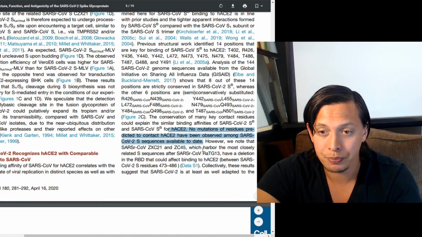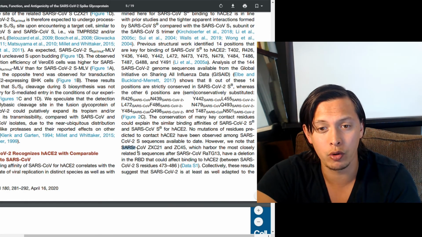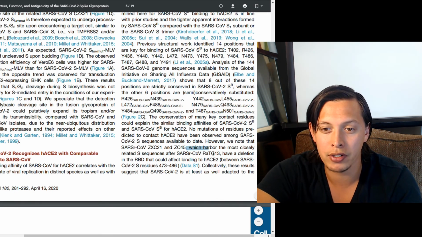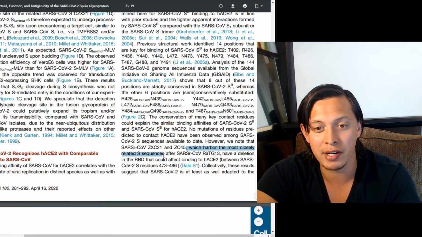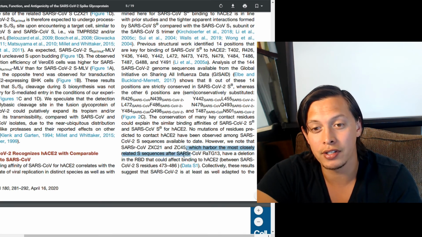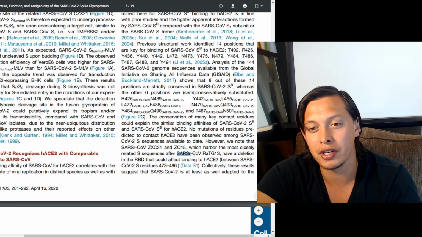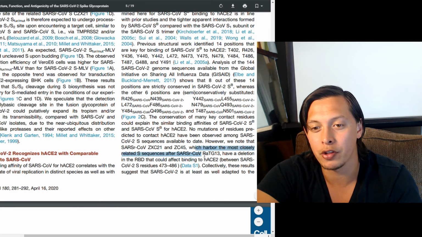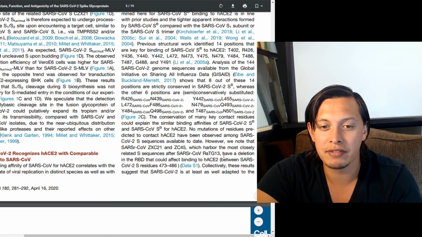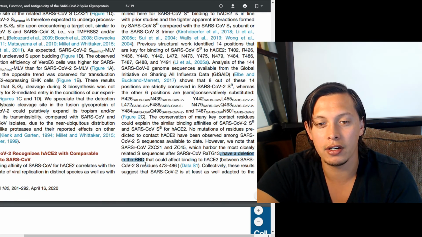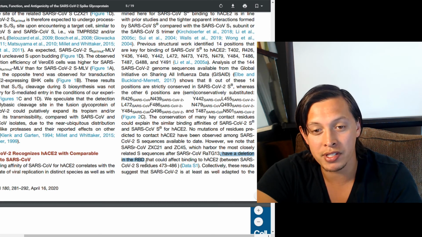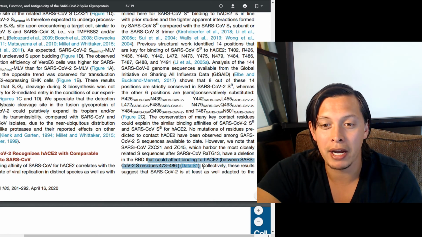However, we note that SARS-related coronavirus ZXC21 and ZC45, which harbor the most closely related spike sequences after this SARS-related CoV from this other bat, have deletions in the receptor binding domain that could affect binding to the human ACE2 receptor.